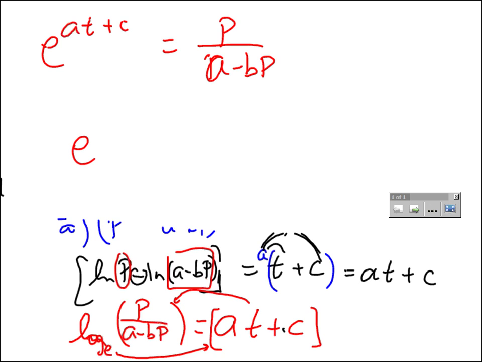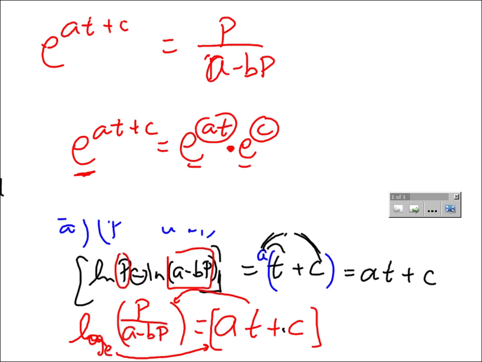Now, we've talked about the left side many times. This is the same as e to the at times e to the c. After all, in multiplication, if the bases are the same, keep the base, add the powers, at plus c.